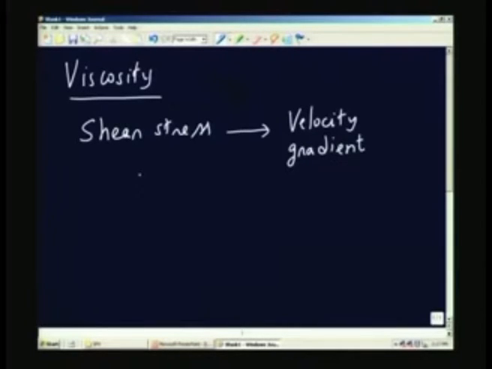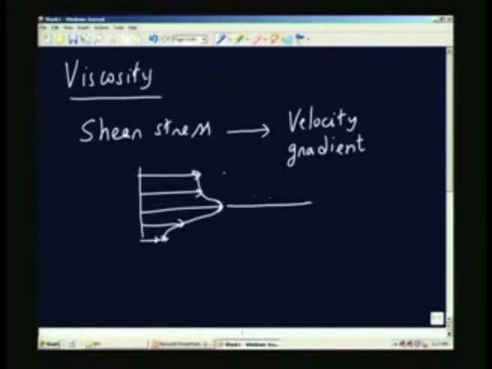What do I mean by that? Suppose I have velocity varying like this. So the velocity is varying like this. At any point, if I have, for example, so let us take the fluid above this.